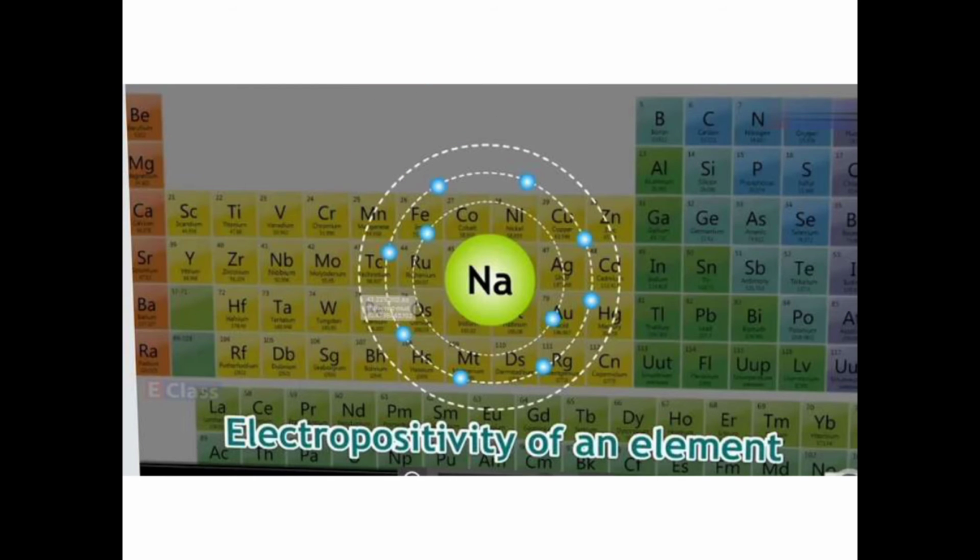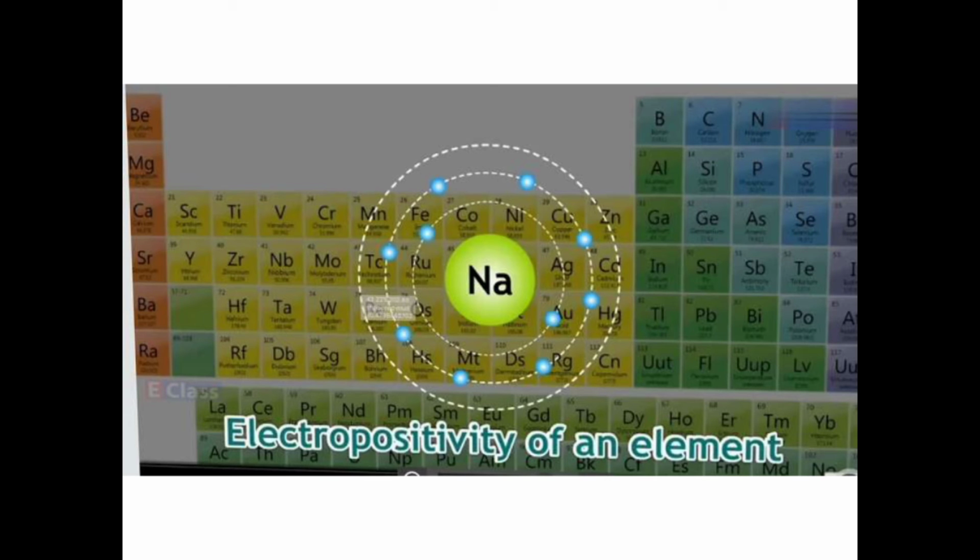Having understood electropositivity, let us understand what happens to the non-metal. We have the non-metals on the right hand side. What tendency do they have? They have the tendency to accept electrons, right? Accepting electrons from outside into the valence shell, that is the tendency of the non-metal.